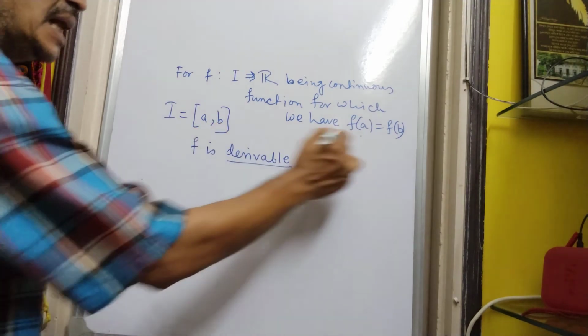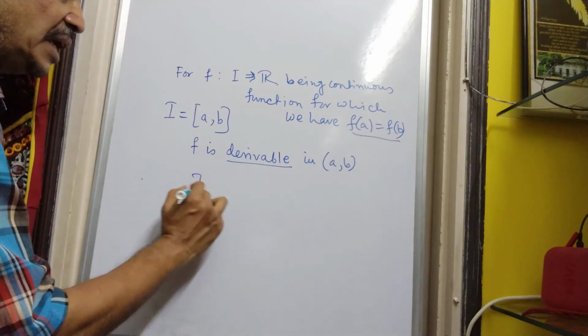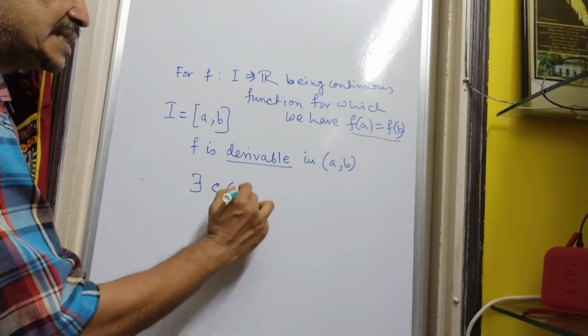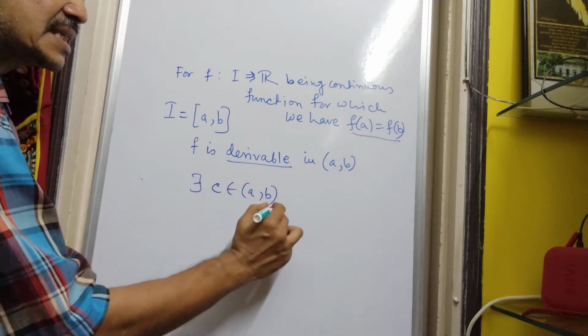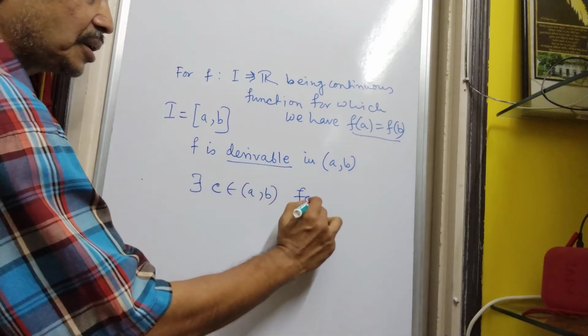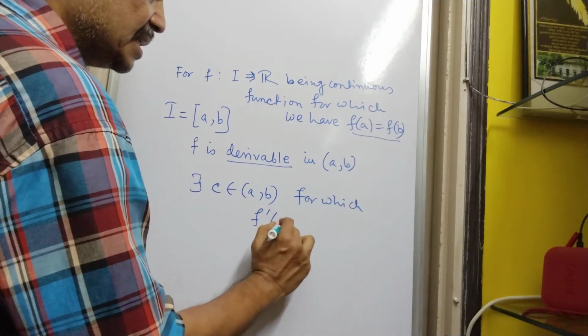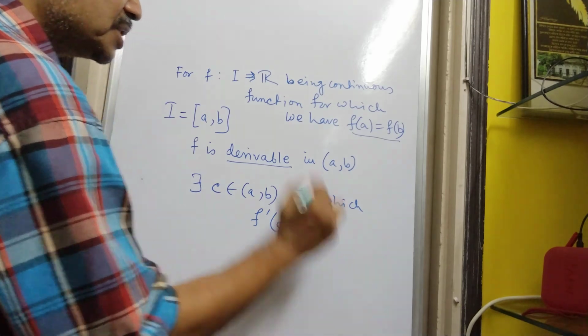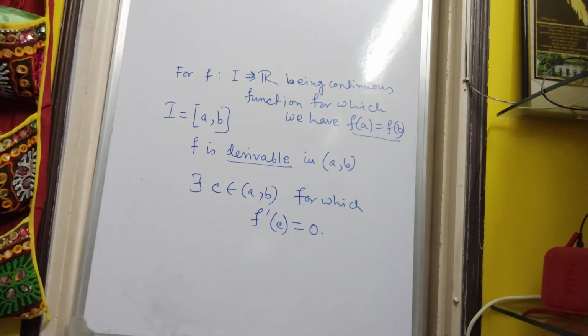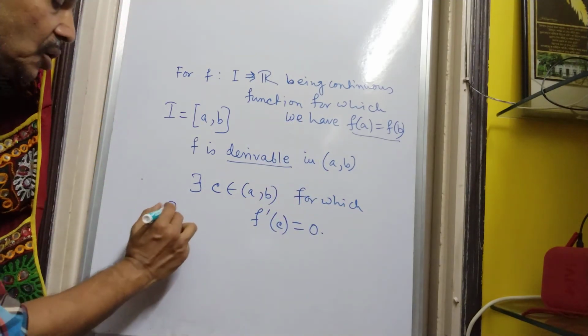And if f(a) and f(b) are equal, then there exists a point c in this open interval for which f prime(c) is equal to 0. This is actually Rolle's theorem.